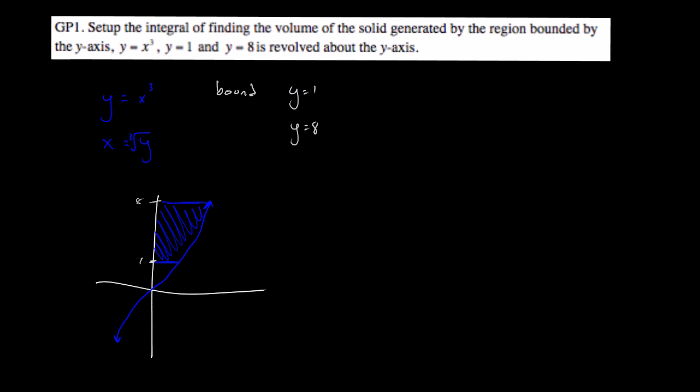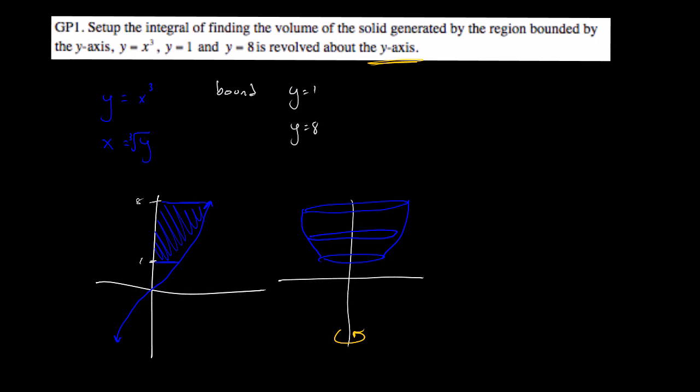Now we want to spin it around the y-axis, so we draw our picture again and do the cut that we know. Spinning it around the y-axis, you draw a reflection of it, put your circles in, and you get your spun shape. If we take a cross section, we get a circle.